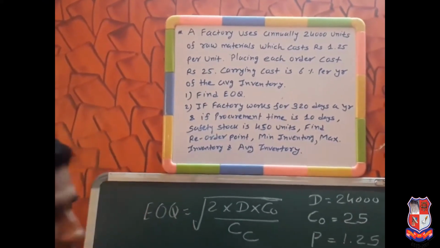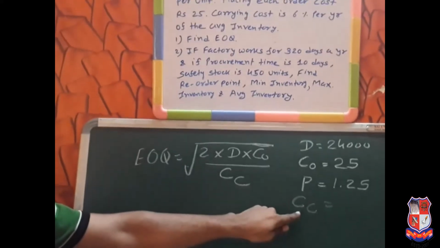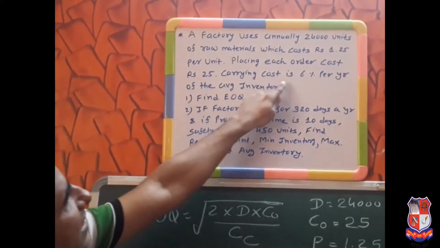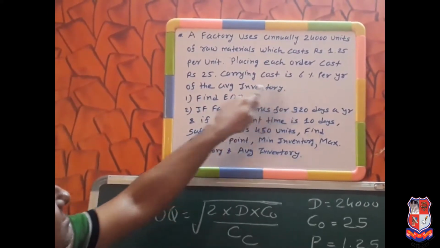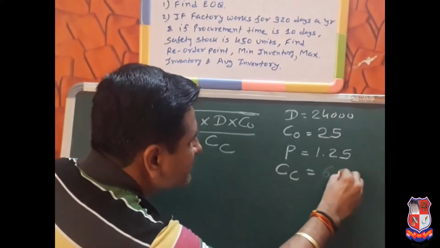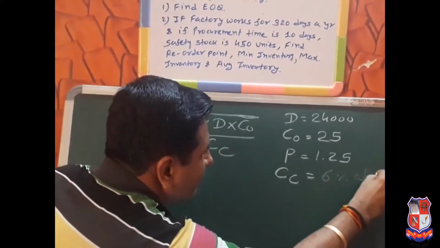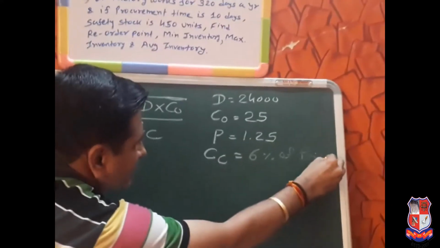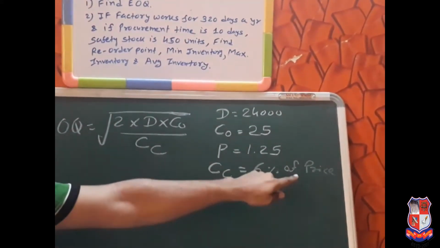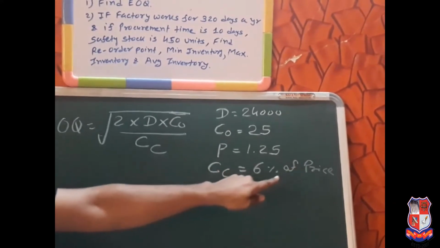Carrying cost is always calculated on the average inventory. Here carrying cost is 6% of the average inventory, so 6% of price. Mind well, students, carrying cost is always calculated on the price of the product.